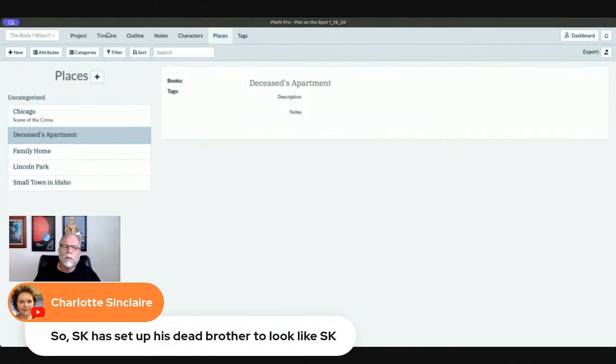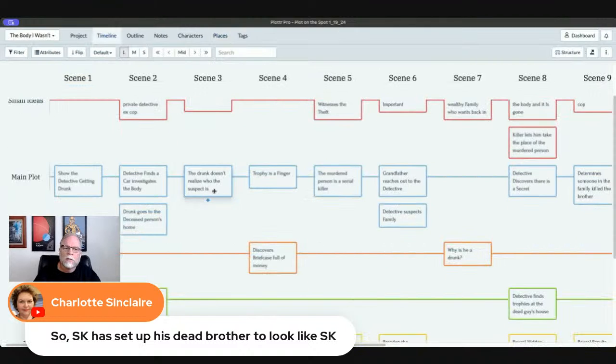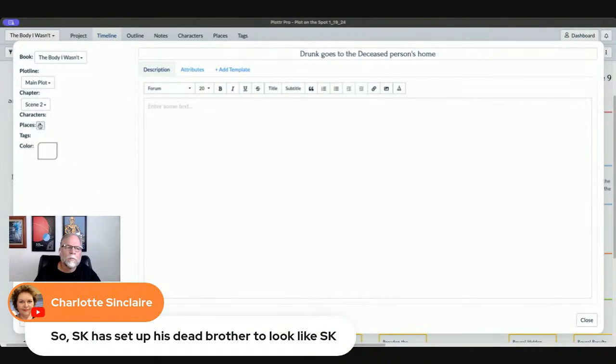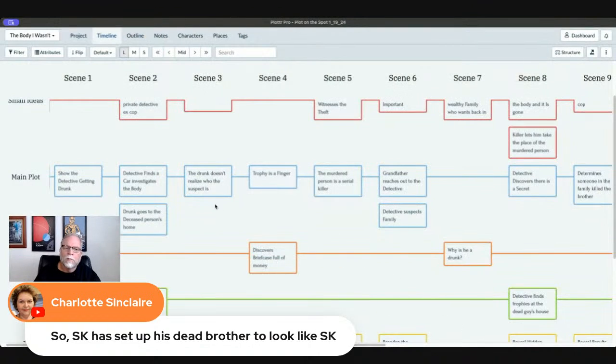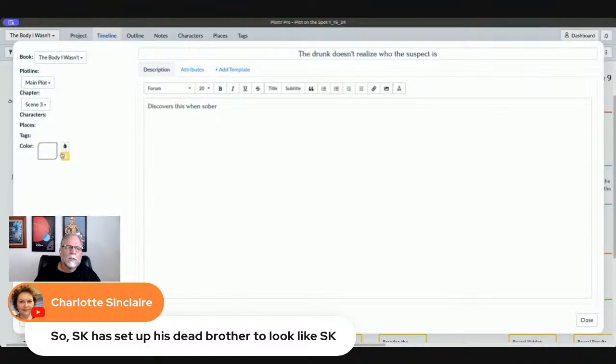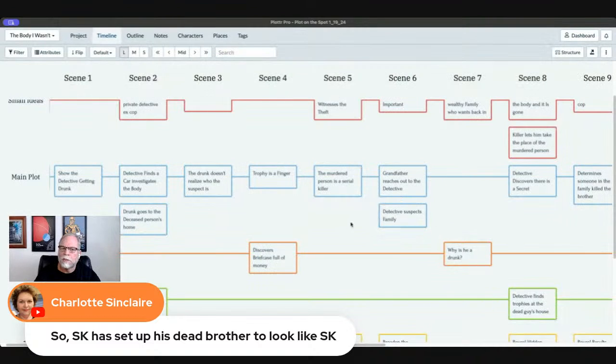Okay, and we can start to tag those in the timeline. So when he goes down to the deceased home, we can do that, deceased apartment. And then when he finds out who the suspect is, maybe that happens at the family home when he's notifying the family. Okay, so we can start to add settings here.